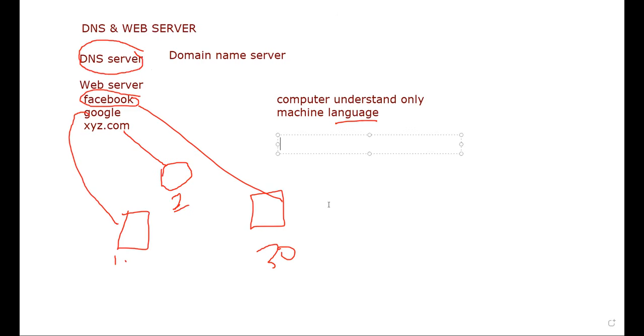So what is DNS? DNS is used to resolve domain name to IP and IP to domain name, vice versa. A simple example: suppose there is no DNS server throughout the world.